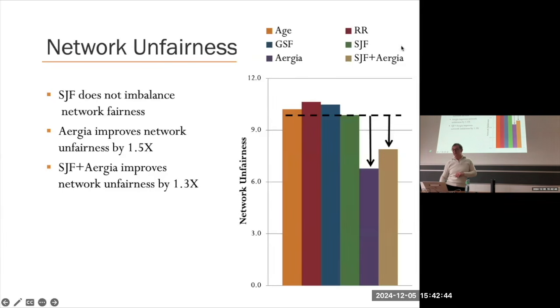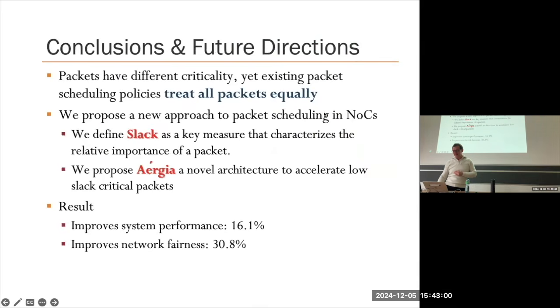If you actually do shortest job first, which is prioritizing applications that are less intensive, then that's not good for unfairness overall. Well, I guess compared to the baseline, it's still better, but not that much better. Okay.